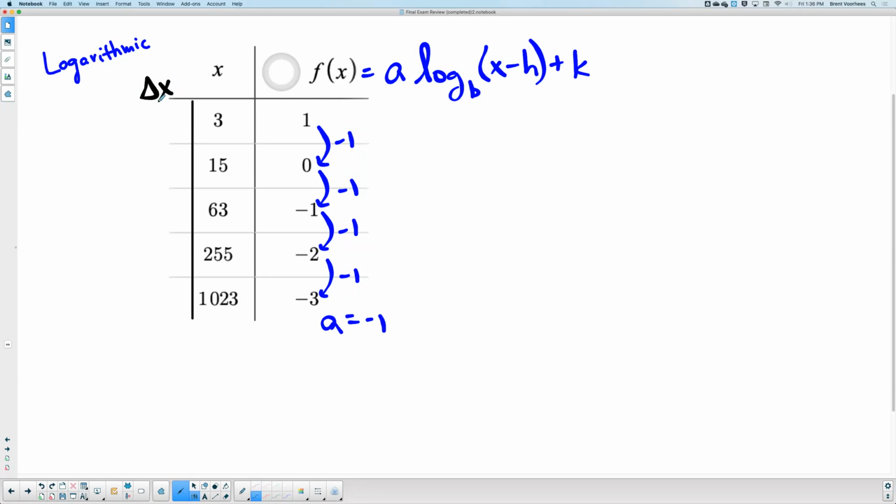If I did a delta x, okay, what do I change going from 3 to 15? I already told you once. We're adding 12. How much do we go from 15 to 63? So 63 minus 15 is 48. Very good. 48. What about 63 to 255?